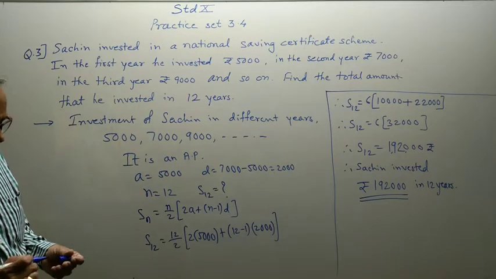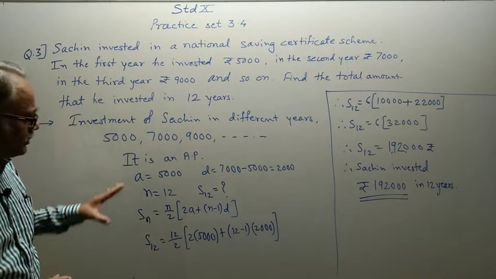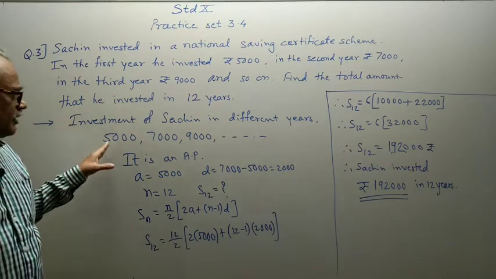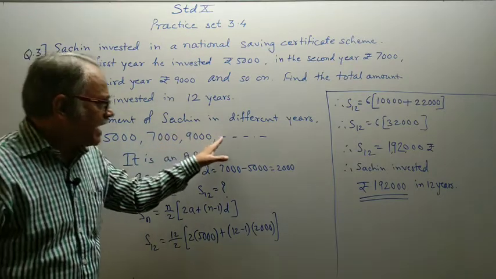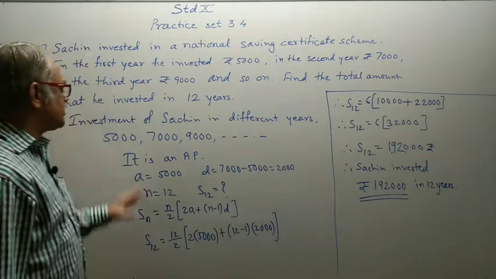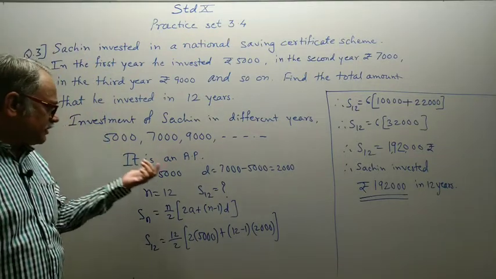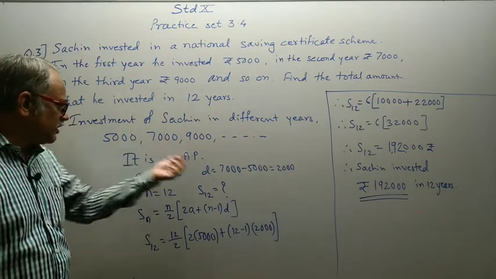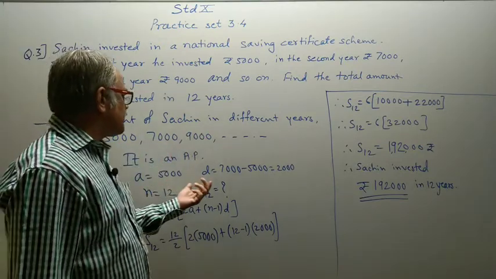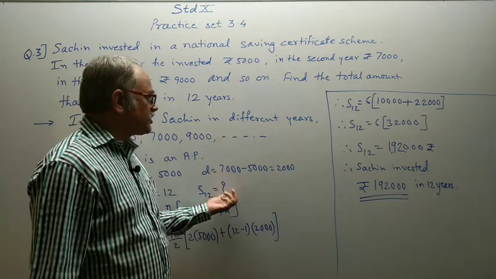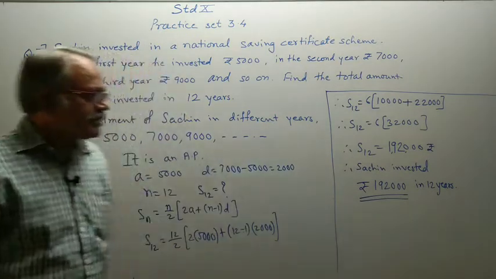Neatly observed how it is solved. Only we have to use Sn formula. Investment of first year 5,000, second year 7,000, third year 9,000 and so on in that sequence. Means it is AP. First term A is 5,000, common difference is 2,000. Such a 12 year he is investing means N is 12. We have to find sum of all the 12 installments, S12, means total investment.